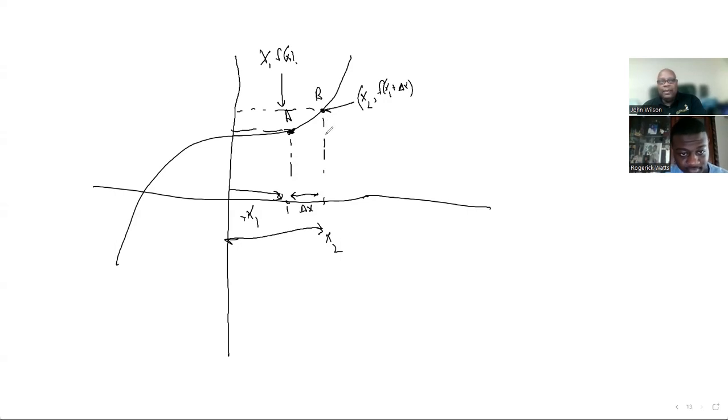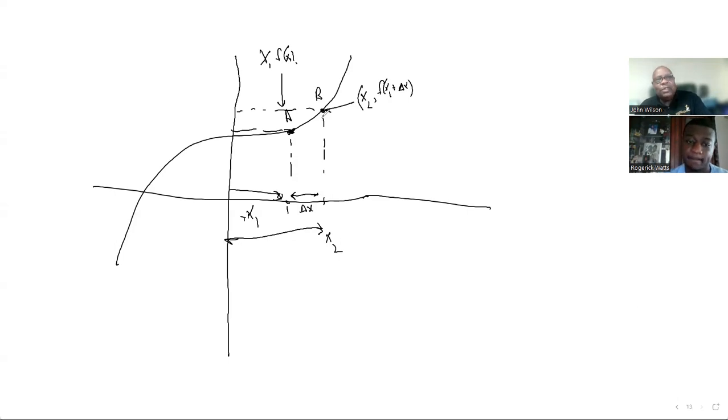All right, you ready? You know, the problem is, even if you imagine they're close, they're too far away. We need to make delta X approach zero. We need to see what's happening as it approaches zero.